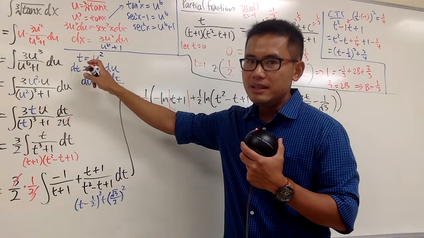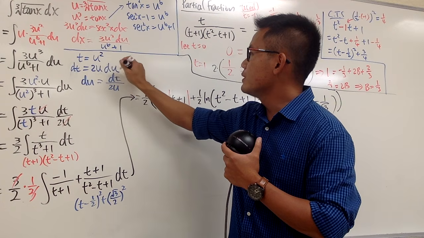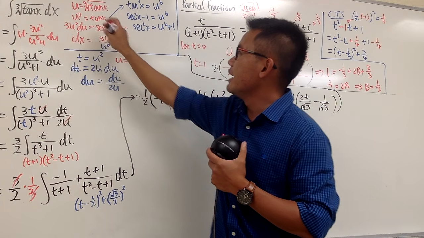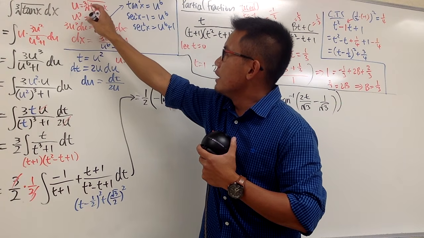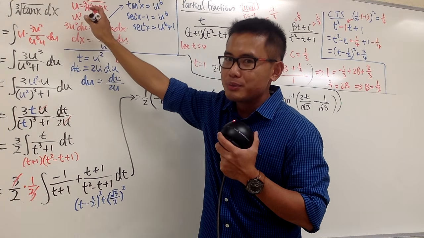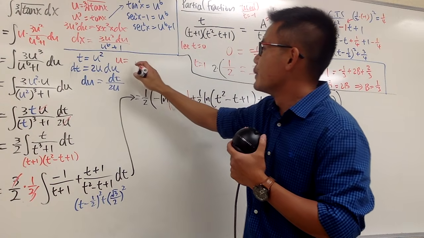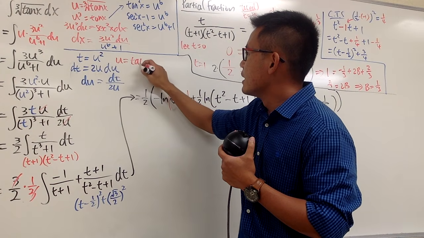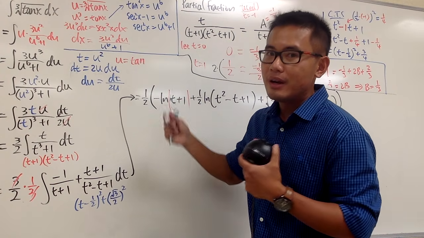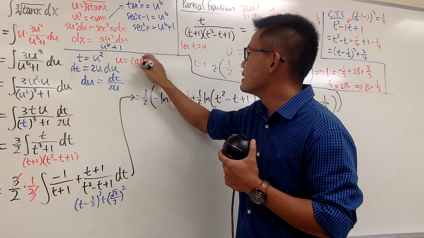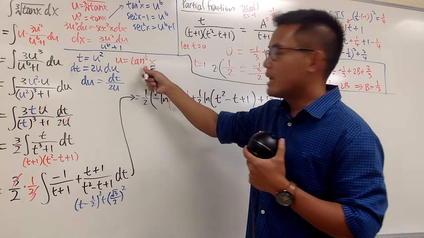We know t is equal to u squared, and u is what? U is the same as saying the cube root of tangent x, which is the same as saying tangent x to the 1/3 power. And let me write it down as the 1/3 right here. Wolfram Alpha used this as well.